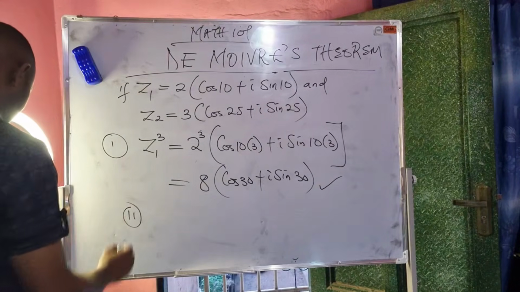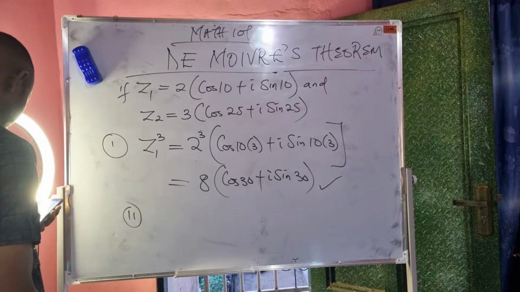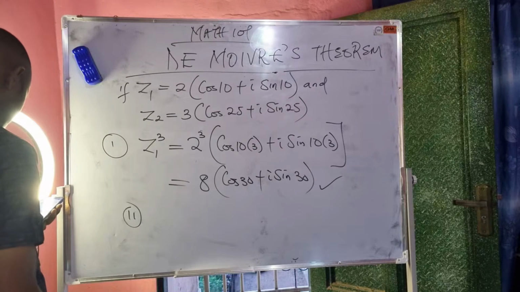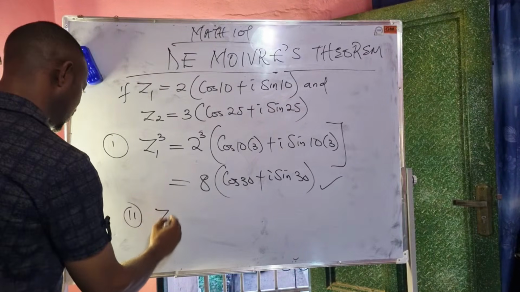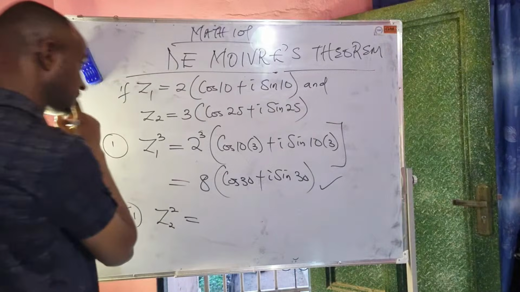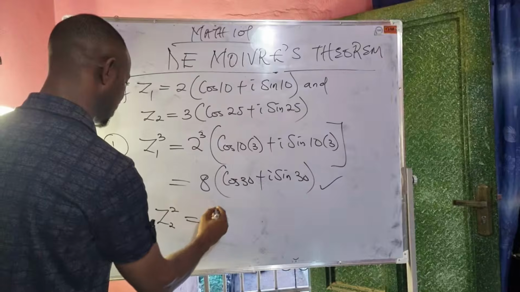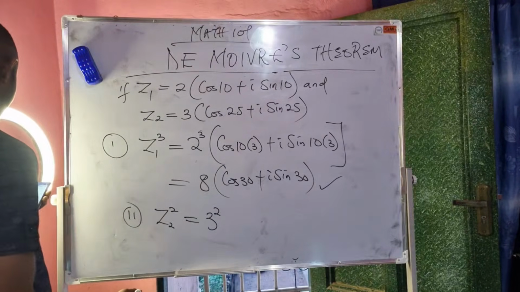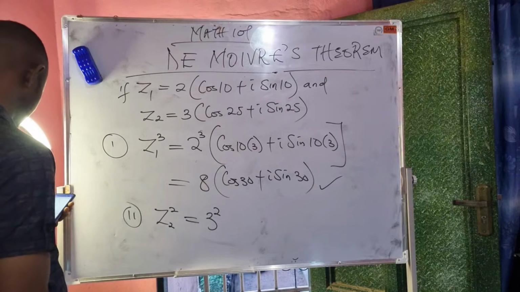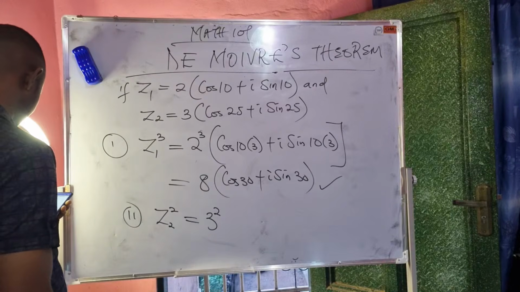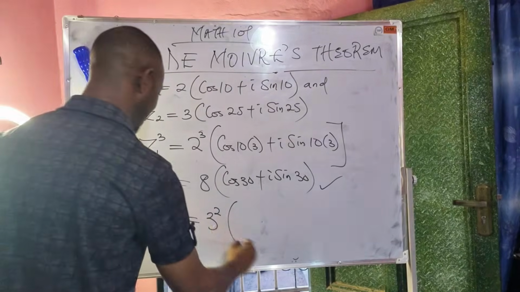Then number 2 says we should also find z2 to the power of 2. That will give us 3 raised to power 2, which is 9, in brackets.